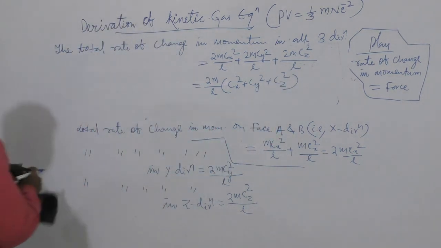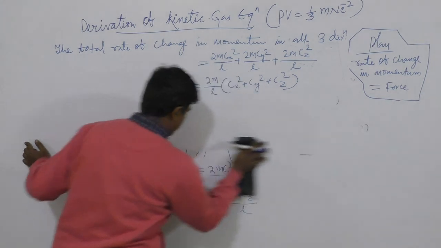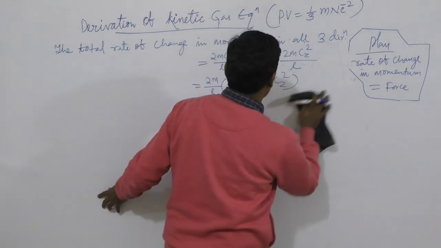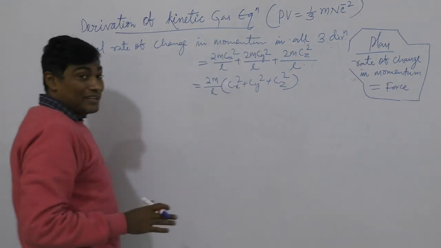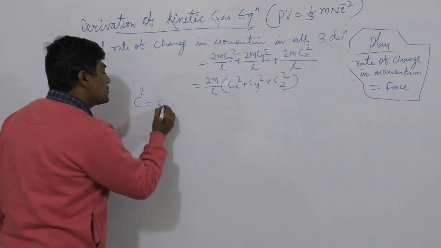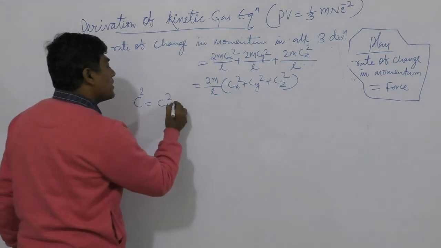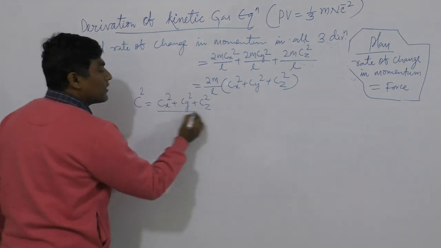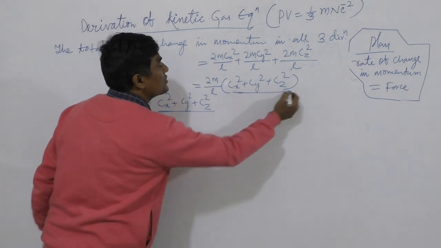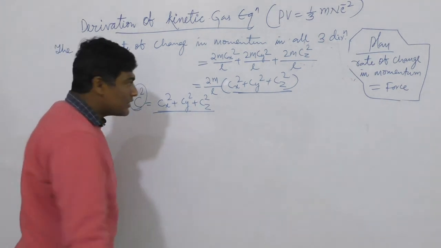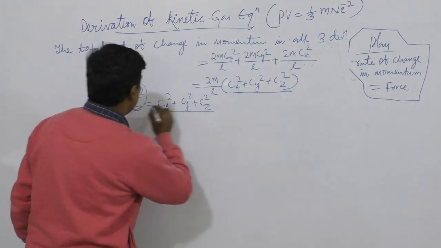By the resolution of vector, we know c square is equal to cx square plus cy square plus cz square. For this cx square plus cy square plus cz square, we can put c square, the square of the velocity.